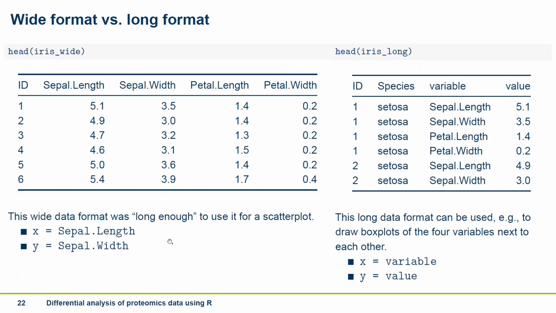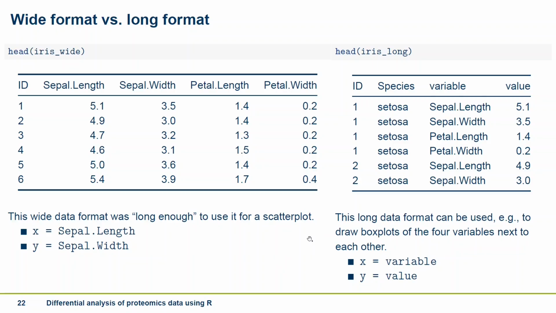Because we wanted to use these two existing columns, we didn't have to transform it into a longer format. But if you want to do, for example, box plots of the 4 variables next to each other, you would need the variable column in this long format as the x-axis and the value column as the y-axis. So for box plots, you definitely need to transform it into the long format.